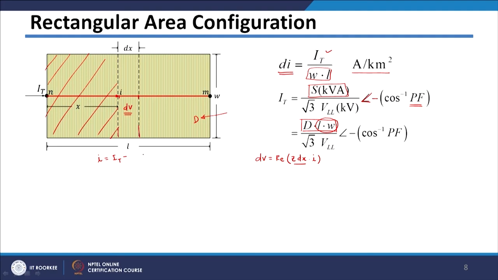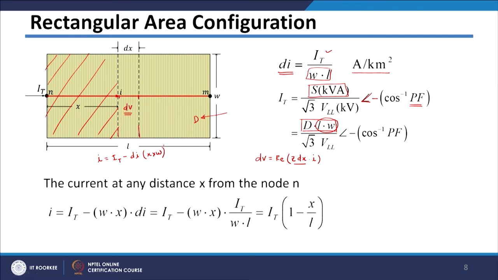This current will be the current density dI multiplied by the area, in this case X multiplied by W. Therefore, the current at any distance x from node n will be IT minus W multiplied by X, which is the area here, multiplied by the current density.